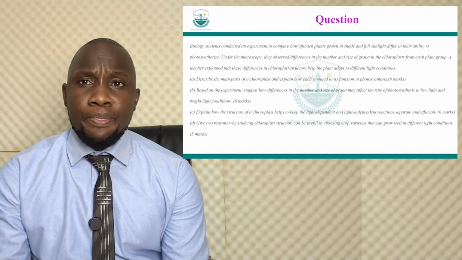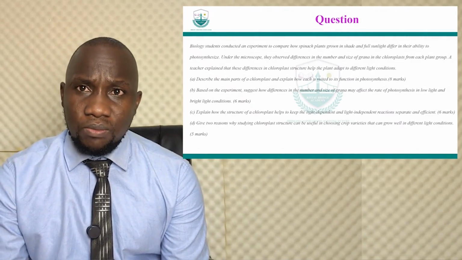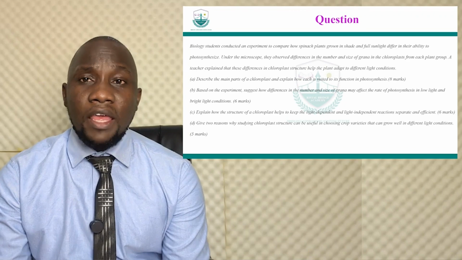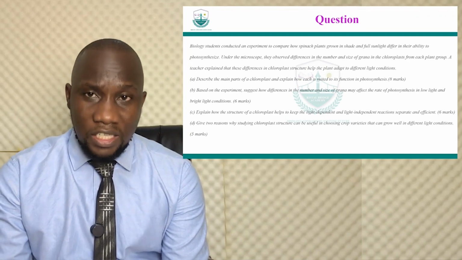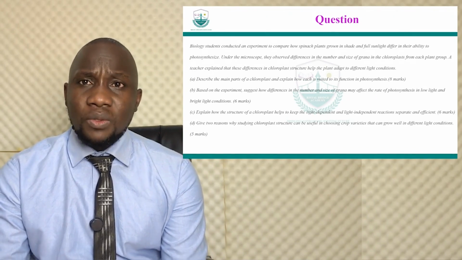So that means that you can actually be in position to know which crop actually grows where and why, because of the nature of the chloroplasts, their arrangement, distribution, and the internal structures.